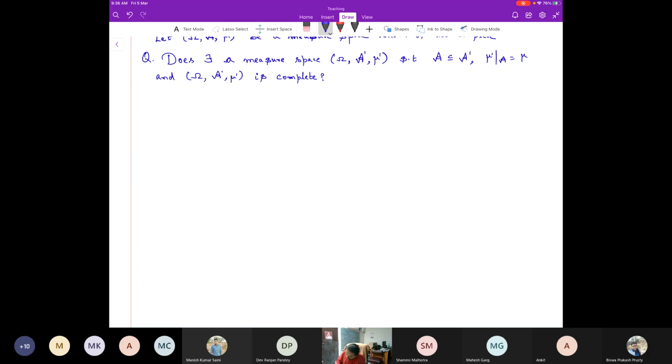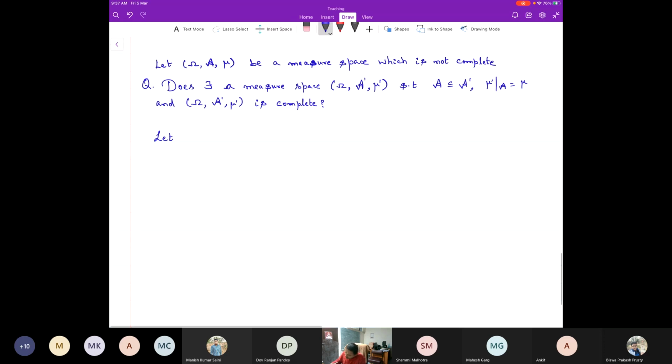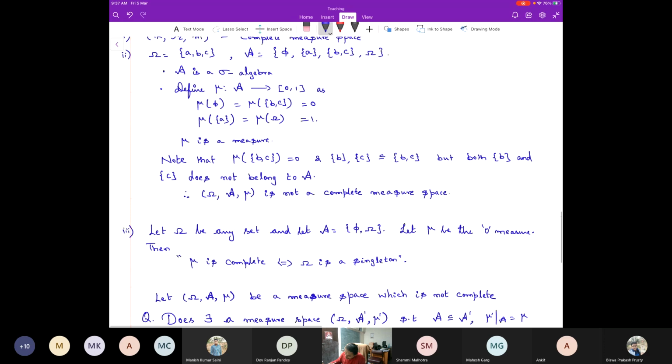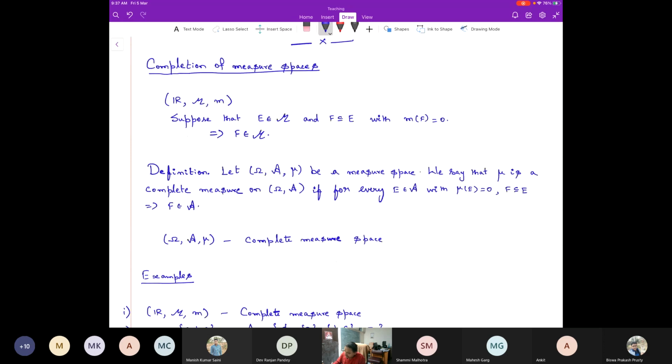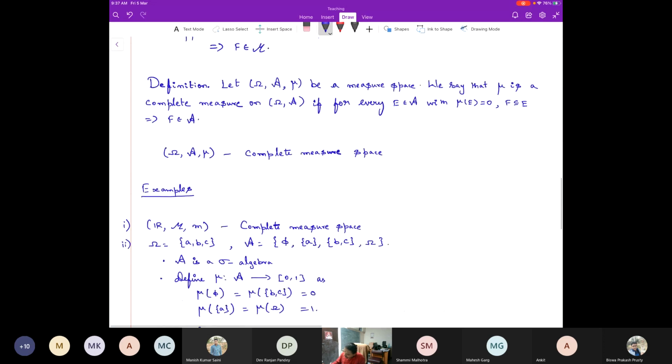So let's begin the answer to this. Let's start with what we wanted: all subsets of null sets, that is, those sets having measure 0.